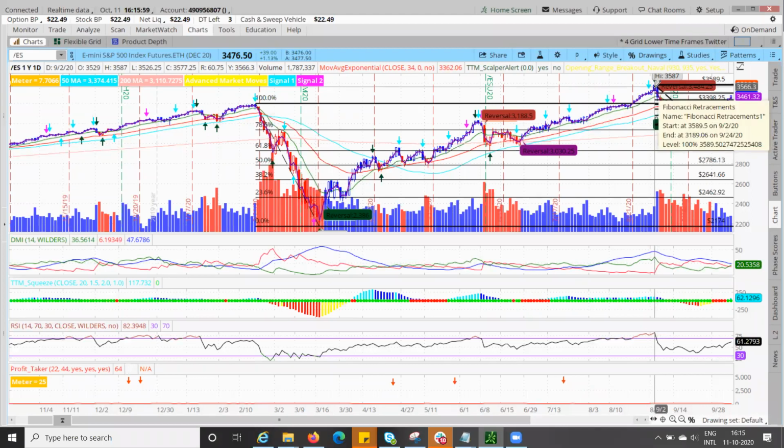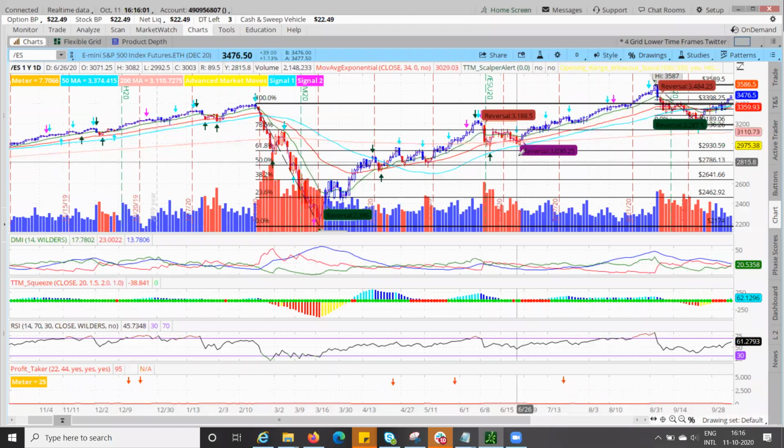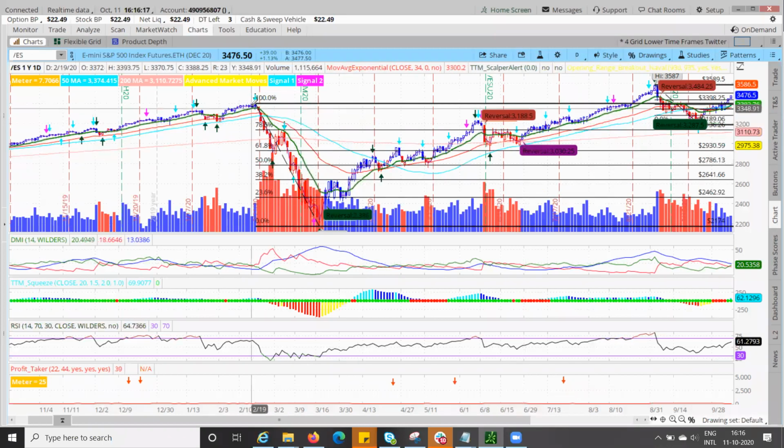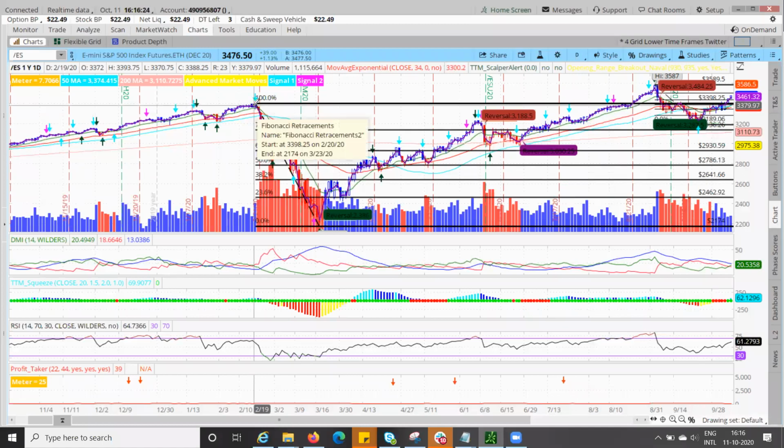You need to be mindful of the fact that these are mathematical numbers, and all the algorithms, all the machine learning and everything, they respect the mathematical numbers because they are based on those. If you pick up the right numbers to begin with, you're going to align yourself with those algos.